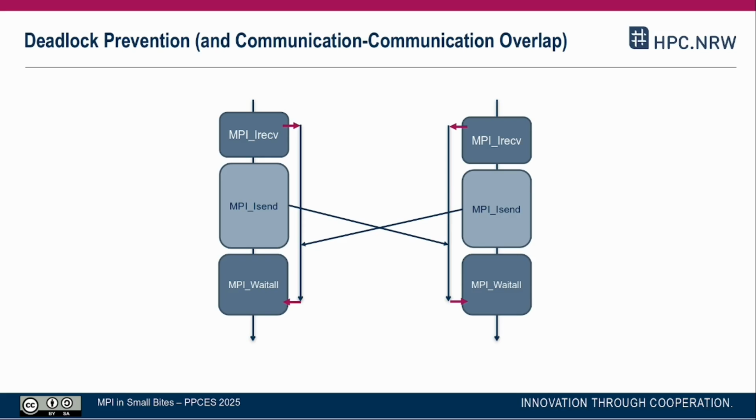But you can also say, well, if I already use one request and one non-blocking function, you can also use two. So you have an Irecv and an Isend, and then you just wait for all of them to complete. The reason why you should consider this is, for example, if you have a domain decomposition with a stencil code where you have to communicate north, south, left, right.